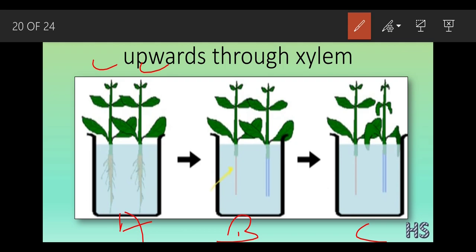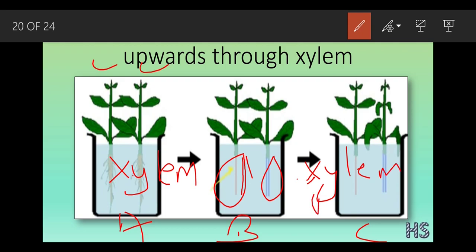After some time, see the center part of this stem. Okay, the center part is there. It means the xylem is present in this part, and in this plant the xylem is removed. Xylem got removed.